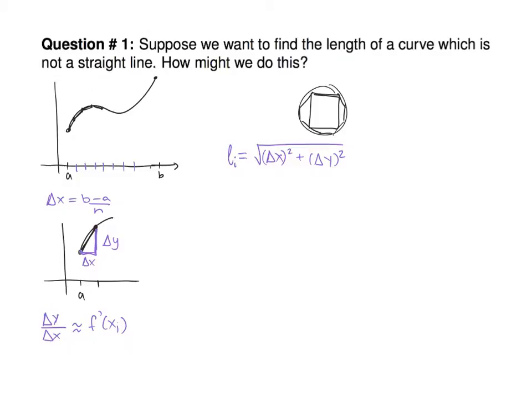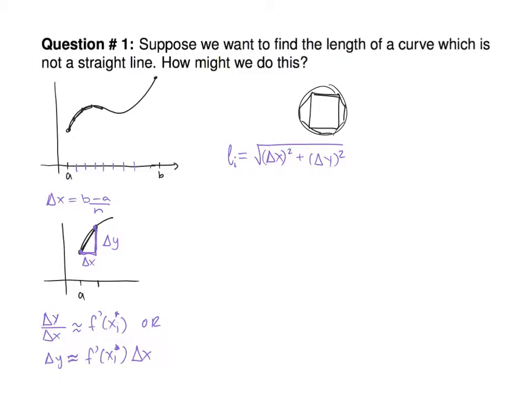So the slope of the line between those two points, which is called the secant line, will be really close to the tangent line. Or you can take that expression and say delta y is about equal to f prime of x sub i star, it's some random point in the middle, not the left or the right, times delta x.